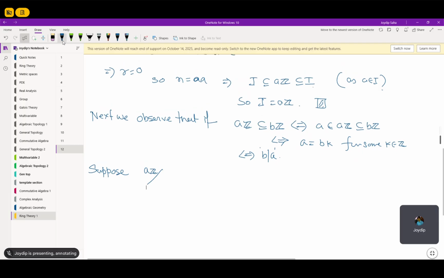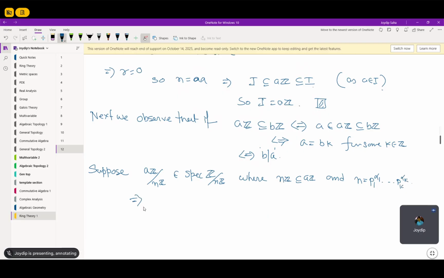Suppose aZ by nZ is in Spec of Z mod nZ, because you know that in a quotient ring it is of the form ideal containing nZ, where nZ is a subset of aZ and n equals p1 to the power alpha 1 up to pk to the power alpha k.